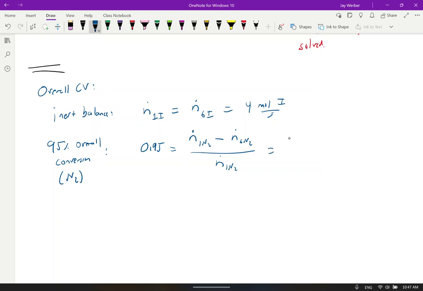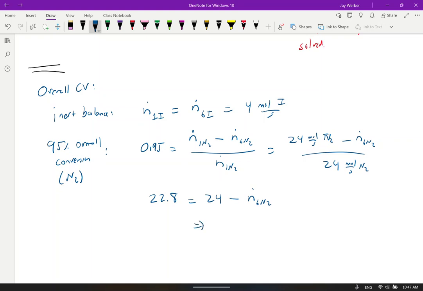So this is 24 moles per second of N2 minus N6 N2 divided by 24 moles per second N2. All right, so let's do this little math. 24 times 0.95, so we have 22.8 equals 24 minus N6 N2.